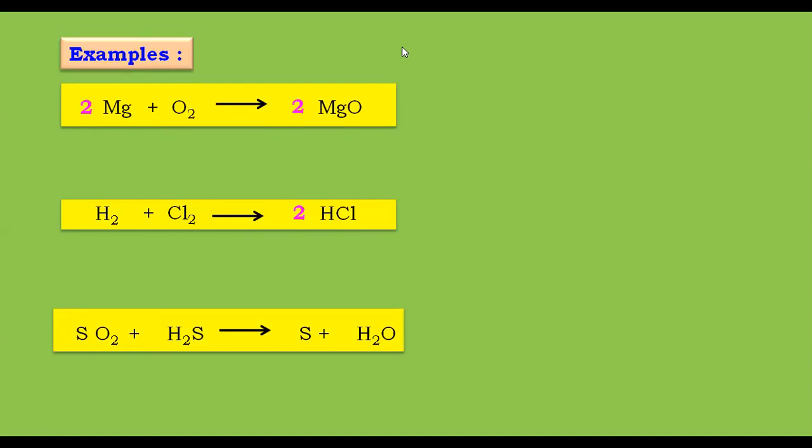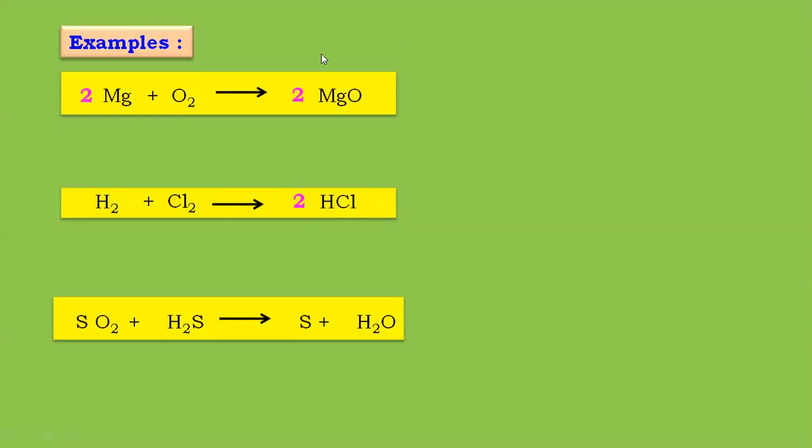Just pay attention here. I am going stepwise in balancing this equation. I'll move very slowly, so just make a note of it very nicely. First, we are going to start from left to right. Sulfur atoms on the left hand side, how many do I have?